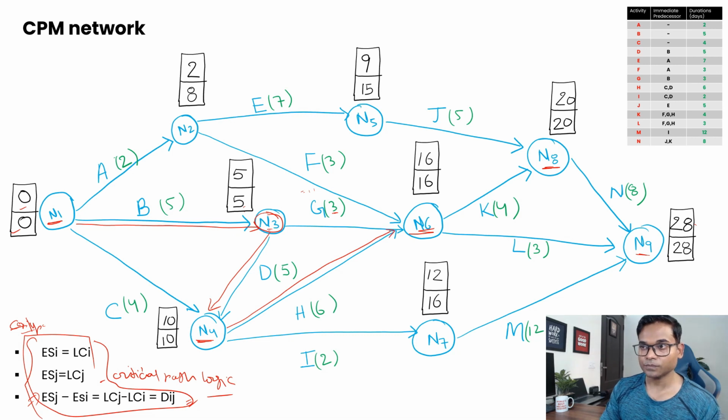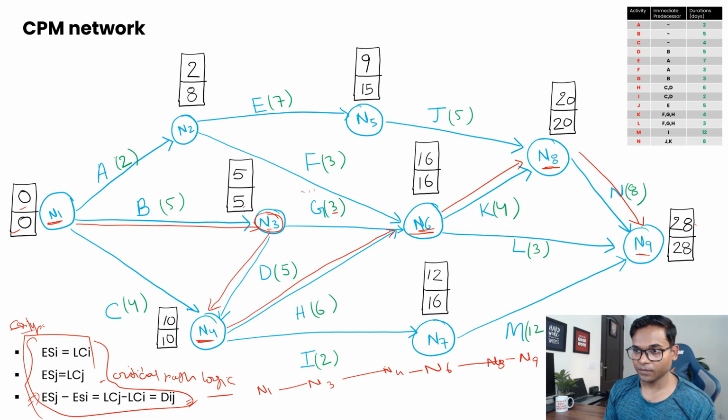So this is your critical path, and then from n6 you have just one, 20 20, so that will move here, and then from n8 to n9, okay? So your critical path nodes are basically n1 to n3 to n4 to n6 to n8 to n9, right?